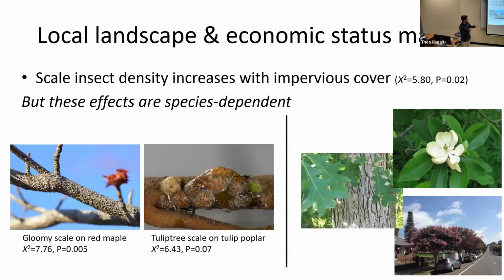But what we're seeing so far is that scale insect density increases with impervious surface cover, like we saw before. But with red maple, like we've already shown very well, and tulip tree scale on tulip poplar. Crepe myrtle, magnolia, and white oak, the insects on those plants did not respond to the amount of pavement around the planting site.